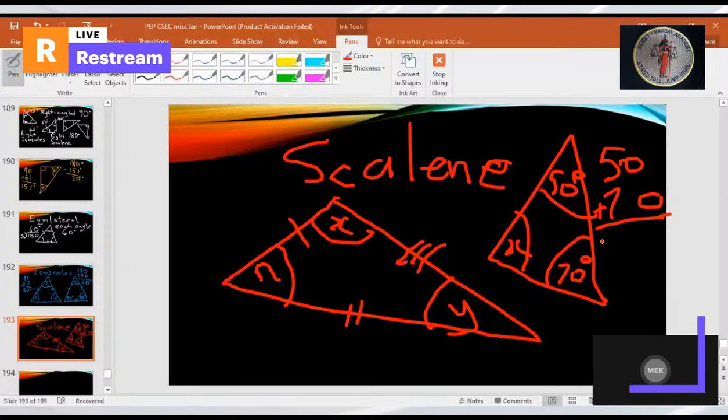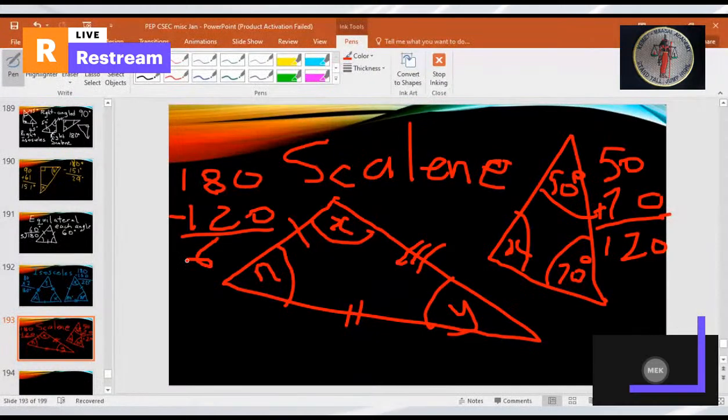Angles in a triangle add up to 180. So now you just take that 120 from 180, and you're left with 60 degrees. So 50, 60, 70. Okay, one angle is 50 degrees, one is 60 degrees, one is 70 degrees.